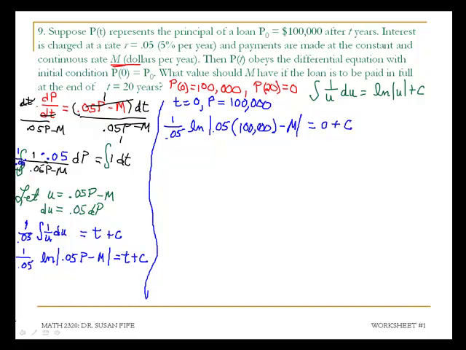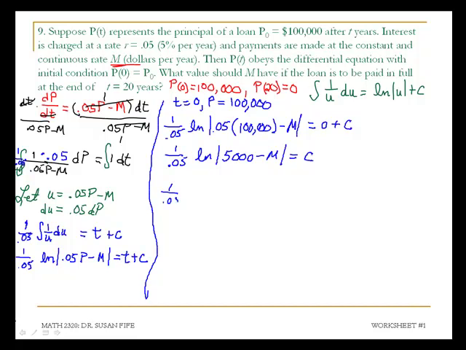So on the right side I have c, which tells me that the left side of the equation is the value for c. I'll simplify that just a little bit to get 1 over 0.05 times natural log of 0.05 times 100,000, which is 5,000, gives me 5,000 minus m equals c.